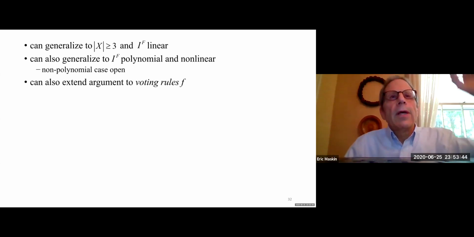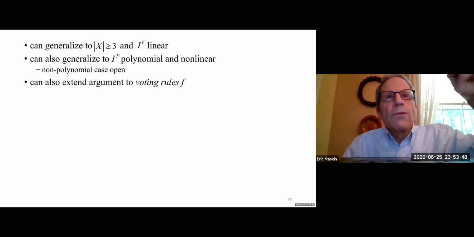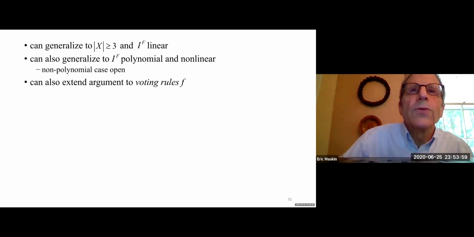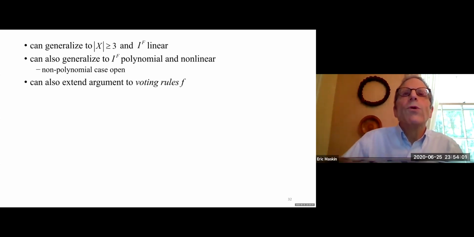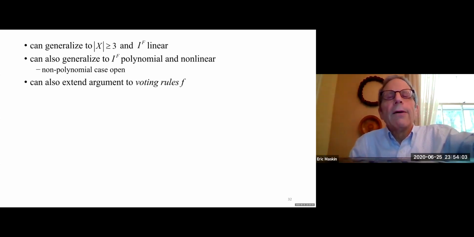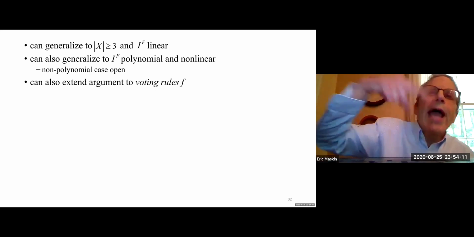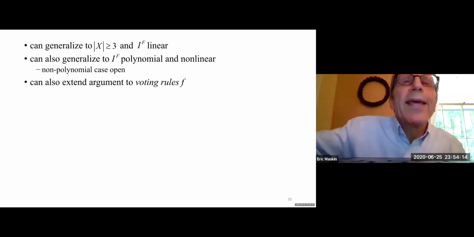But the same sort of argument that I was giving for social welfare functions easily extends to voting rules, since we're only interested in comparing two alternatives at a time. So either X gets chosen or Y gets chosen.